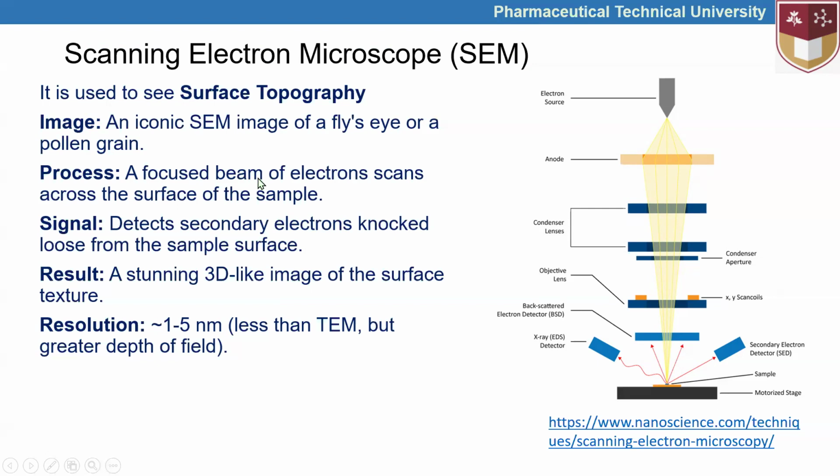A focused beam of electrons scans across the surface of the sample and detects secondary electrons knocked loose from the sample surface, resulting in a stunning 3D image of the surface texture. The resolution is approximately 1 to 5 nanometers, less than transmission electron microscopy, but with greater depth of field.